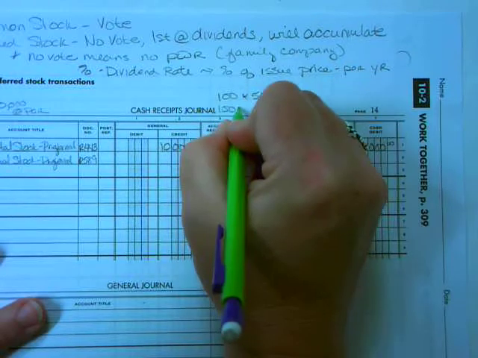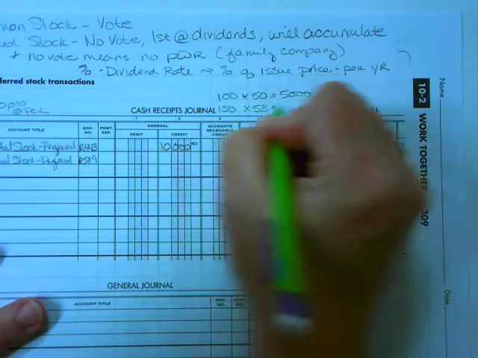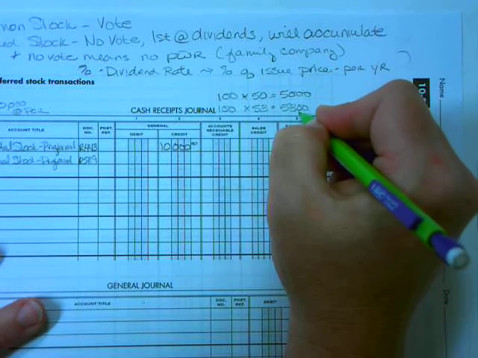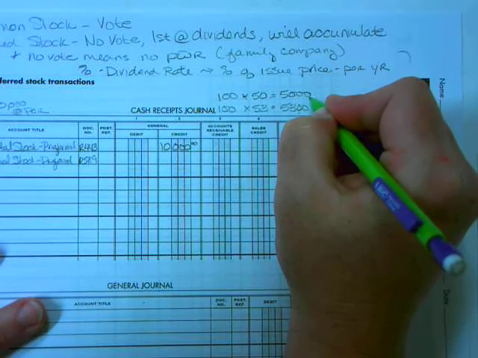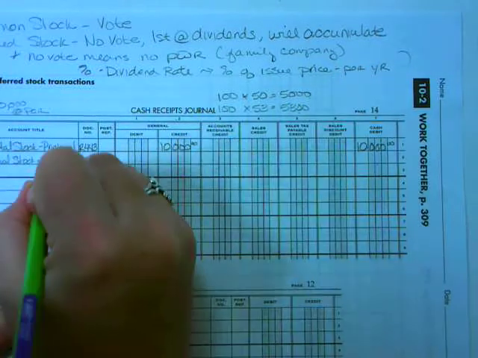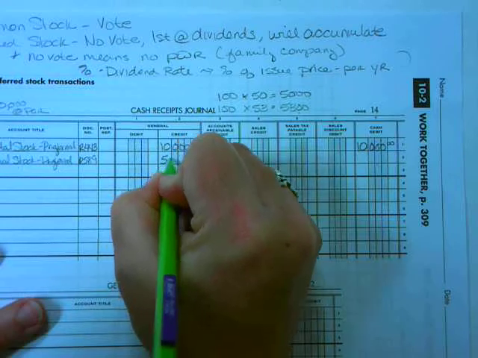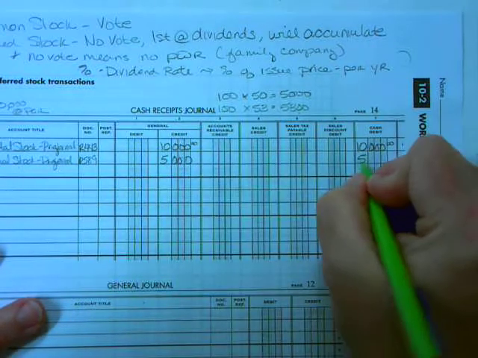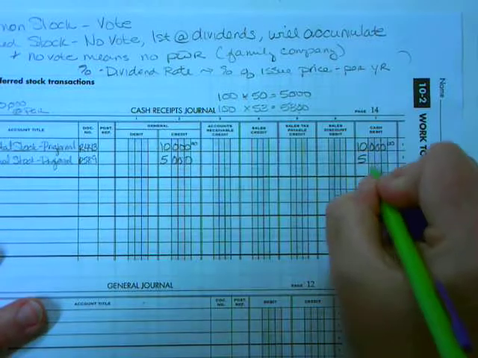And 100 shares at $53 is $5,300. So we're going to get $5,300. Our par value is $5,000, so $300 is going to be the paid in excess. So $5,000 is going to be for our capital stock account. We're going to receive $5,300.